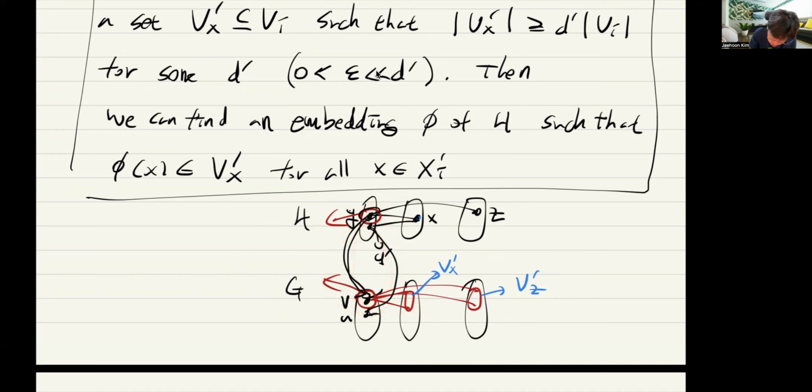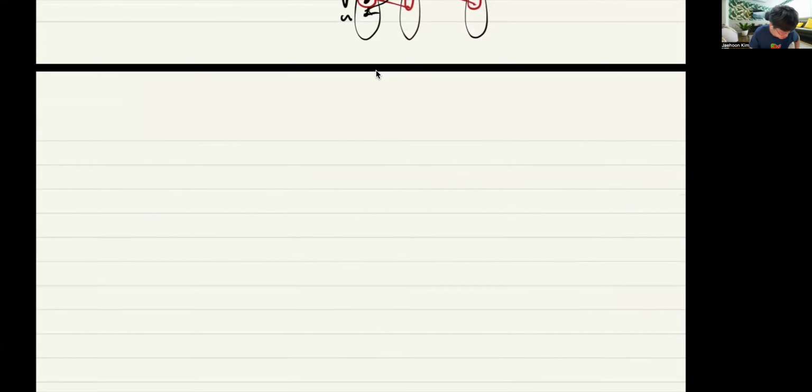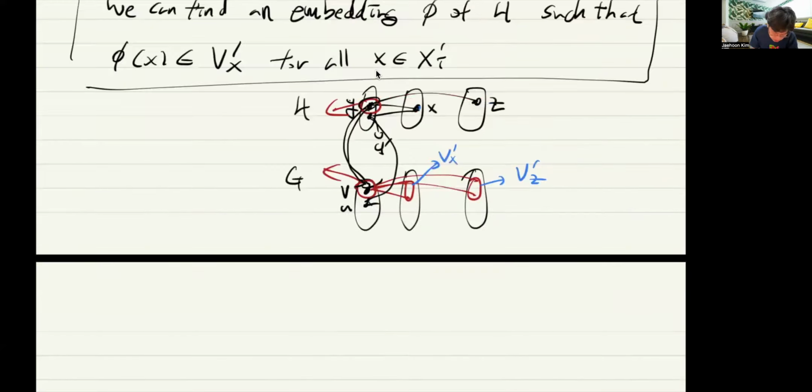That's not possible. So as long as the vertices that you want to specify are distance at least 3 away, then it's fine. Anyway, so this is the additional feature that we can have. We will not be including it in the statement here, but that's something that we can do.